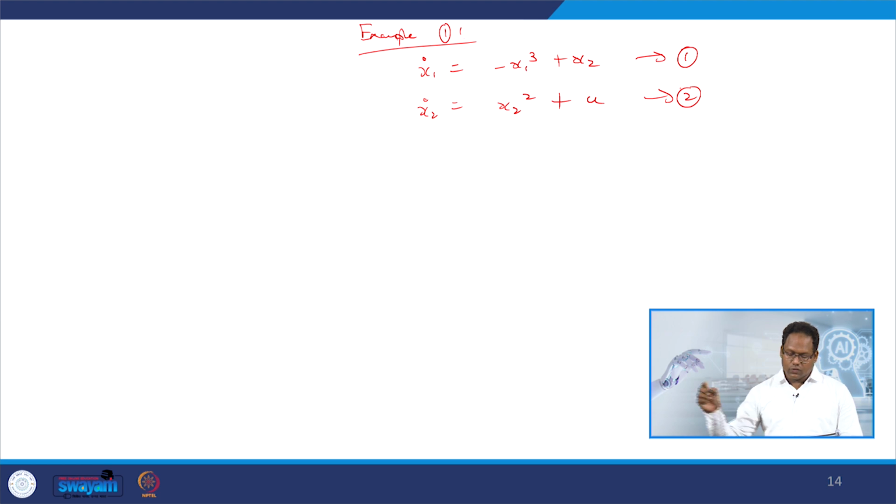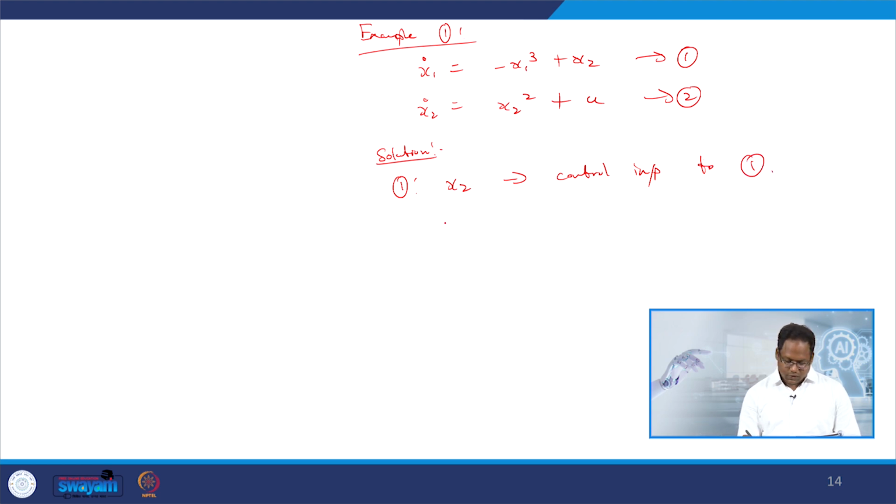Now, design a suitable controller that can stabilize this system. We need to go by the integrated backstepping controller to stabilize the system. As per the solution, we have the following steps. Step 1: in this problem, x2 can be treated as the control input to subsystem 1.